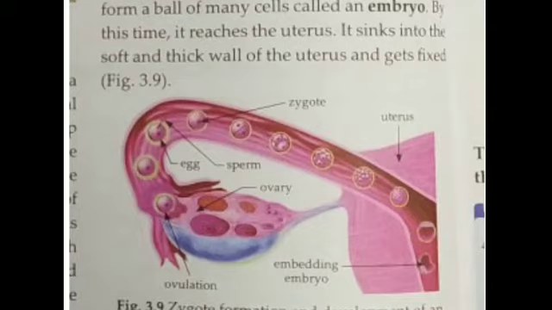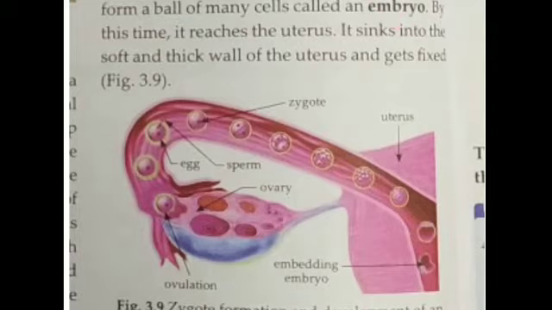Now what happens? By the time the zygote has formed the embryo, you can see over here how the cells have kept on dividing repeatedly inside, and then you can see the movement from here. It has moved on to the uterus. Here the zygote reaches the uterus. From the zygote stage, it has converted into the embryo stage.